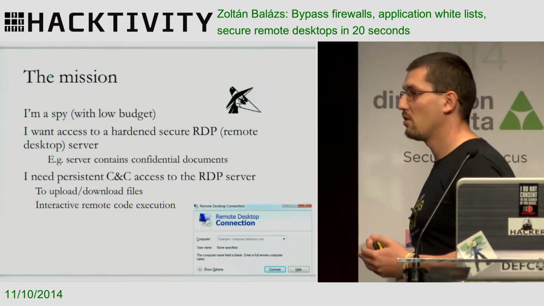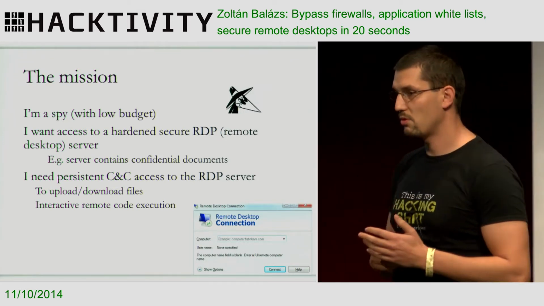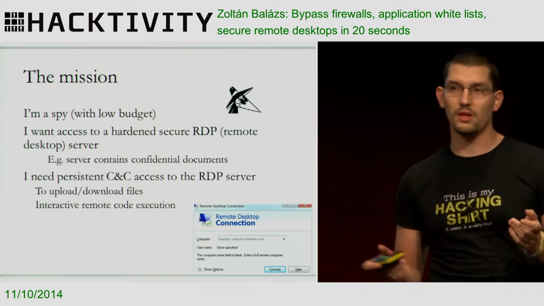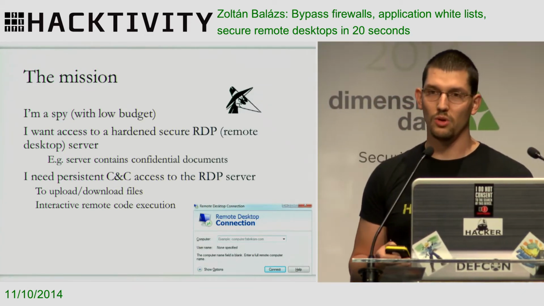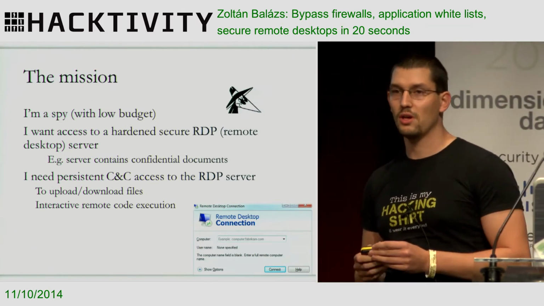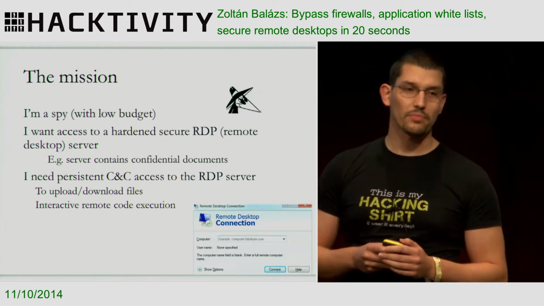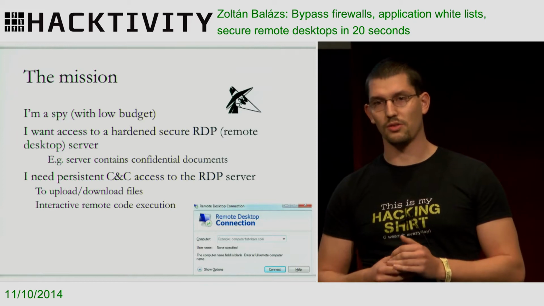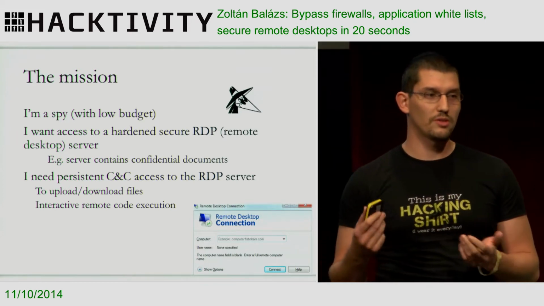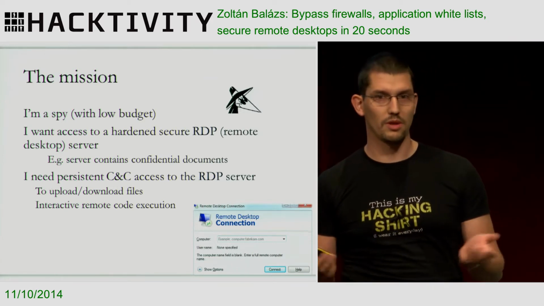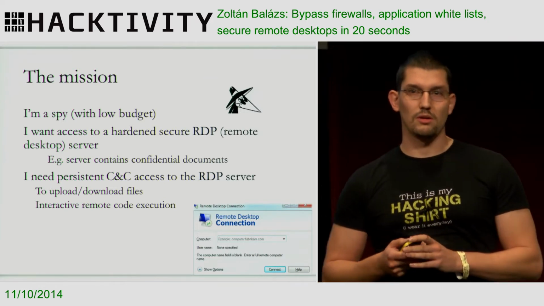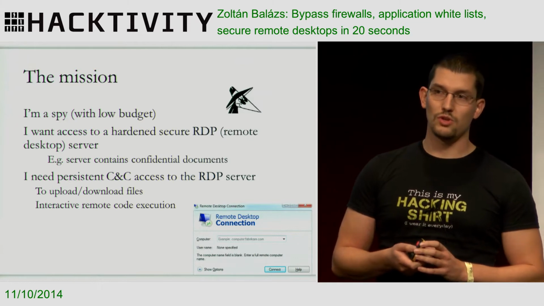So here is the mission I want to achieve during this presentation. Let's say that, for example, I'm a spy and I want access to a secured, hardened, remote desktop server. This remote desktop server can contain some confidential documents or some application which has to be hardened.